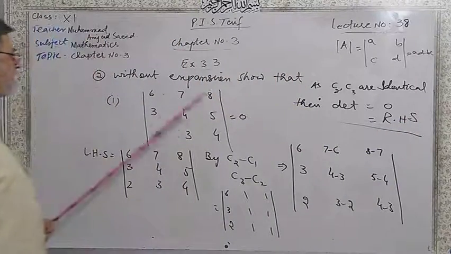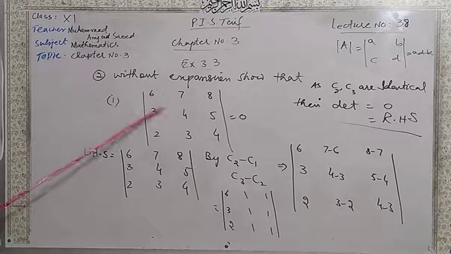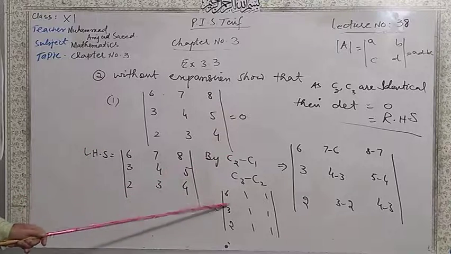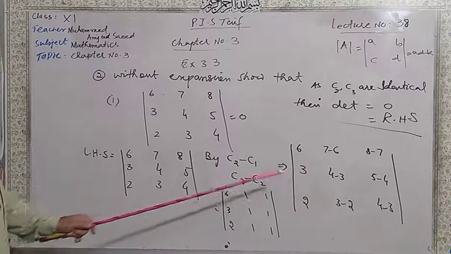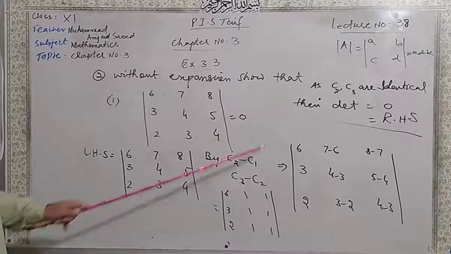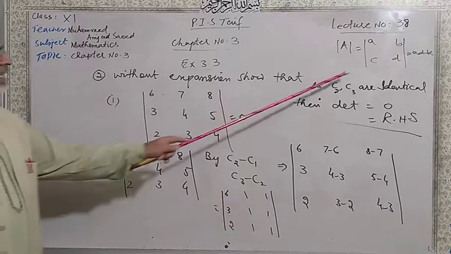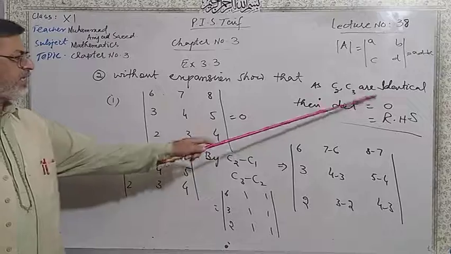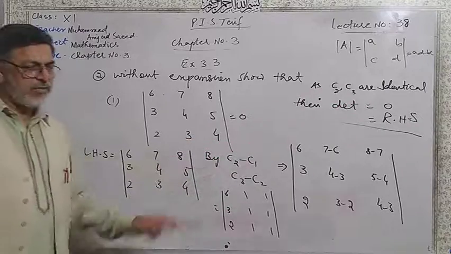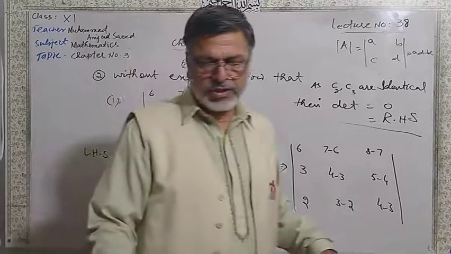So dear students, we started from the left hand side, applied the column operation and simplified, and we got that. As C2 and C3 are identical, the determinant is equal to 0, which is equal to the right hand side. That was your required answer.